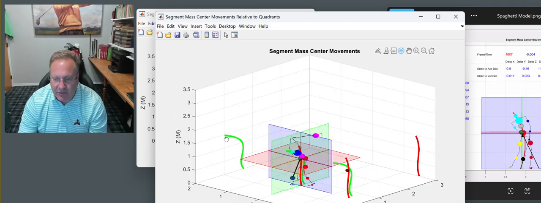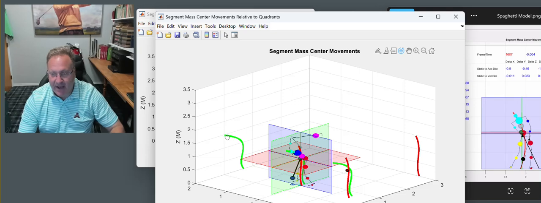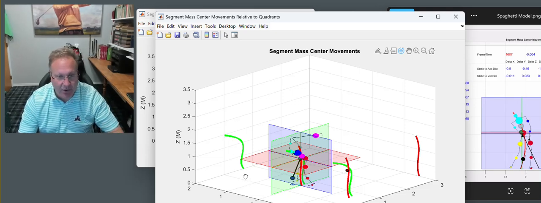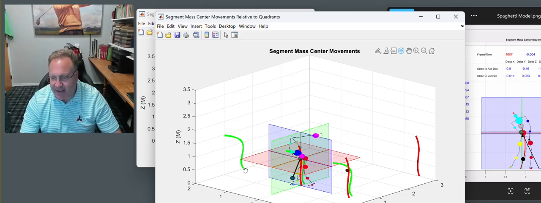If I look at this green line, I'll move it like this so you can see it. This side of the green line, the front side, would represent the front of the body, similar to what Tom would call the superficial front line, and then the back of the body would be the back line. So this would be top of the head down to the bottom of the feet.